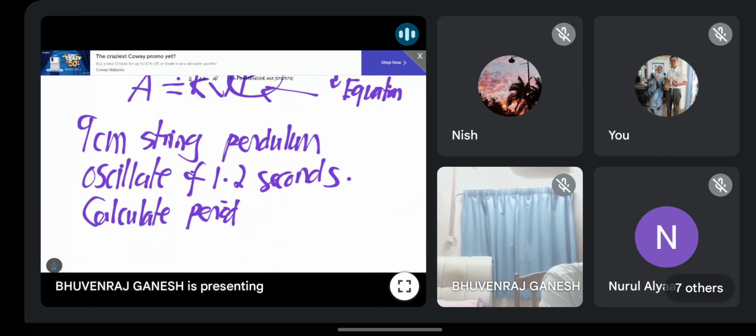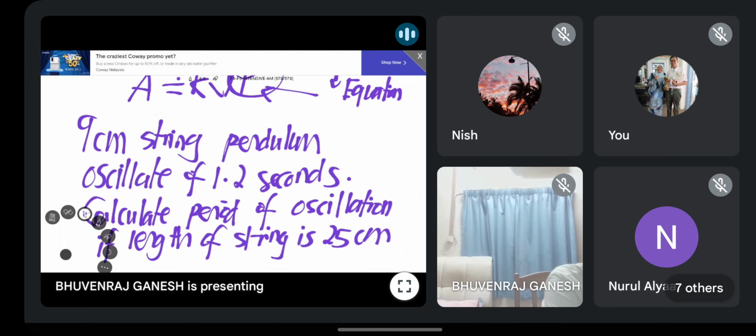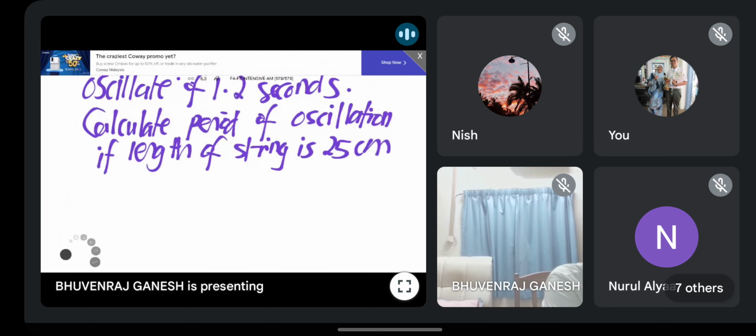So soalan akan tanya macam ni. Kira tempo ayunan bandul kalau panjang string tu 25 cm. Okay, so I give you all a few steps, tips macam mana jawab soalan ni. Kalau kamu hafal step ni, you can apply to any question. Kamu boleh guna kat mana-mana soalan.